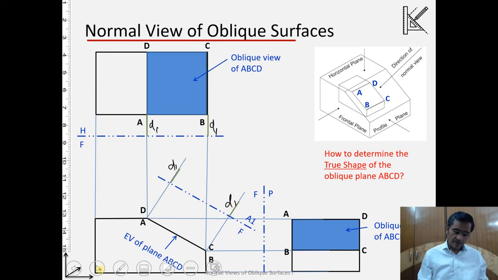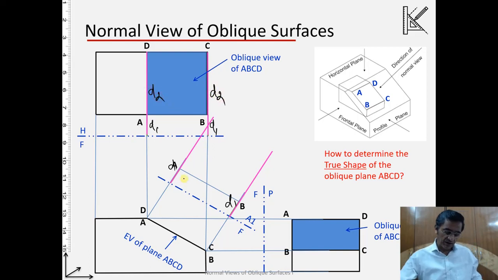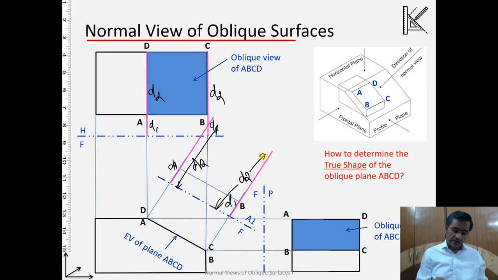Similarly, that will give me the points A and B, and then the D2 distance over here is being applied here, D2 and D2. We know it all. By doing that we will be locating the points D and C here.